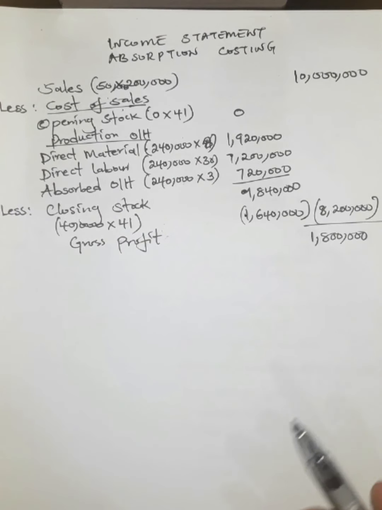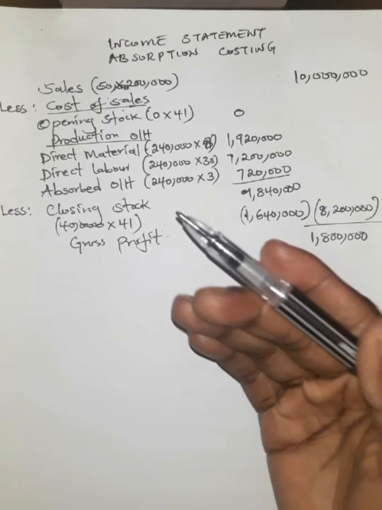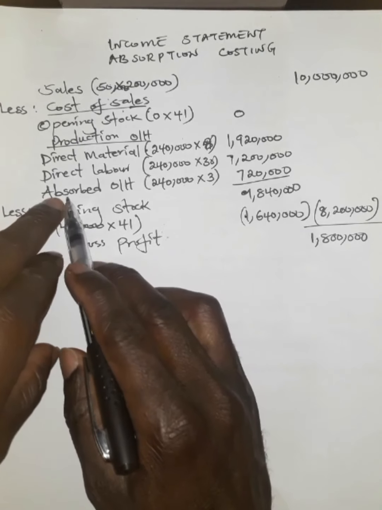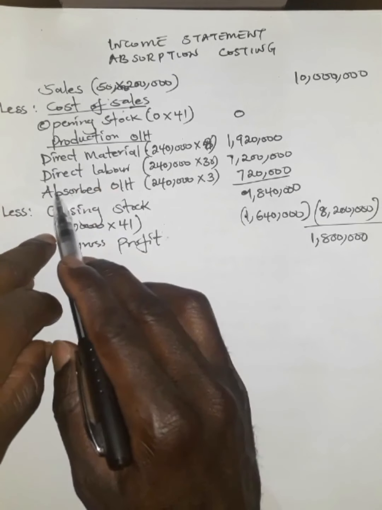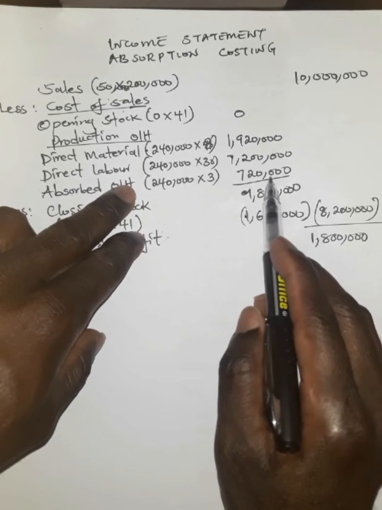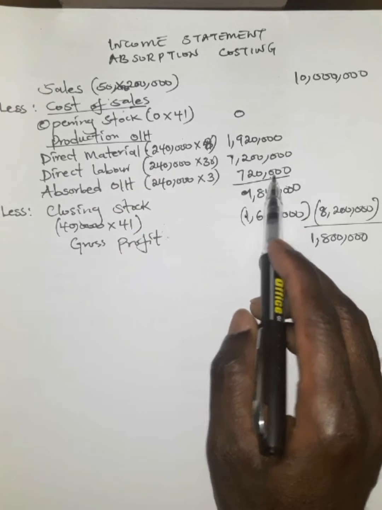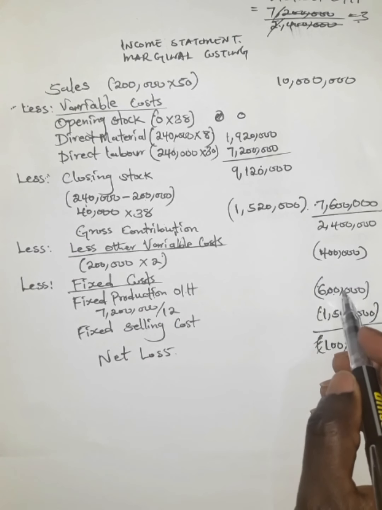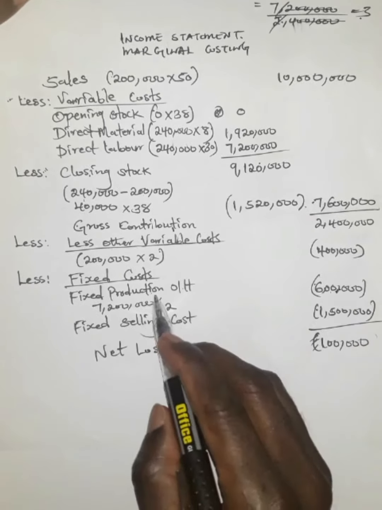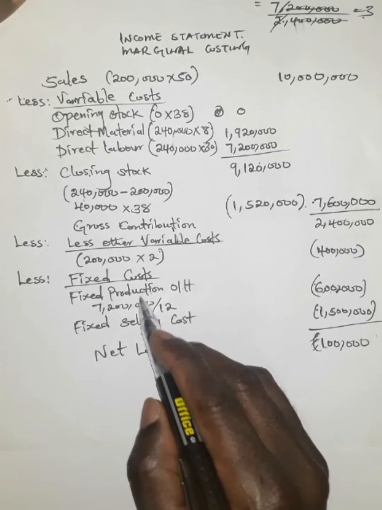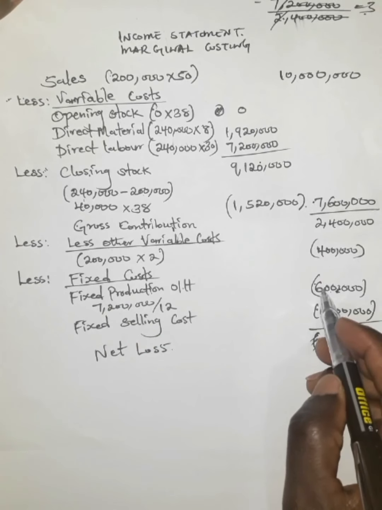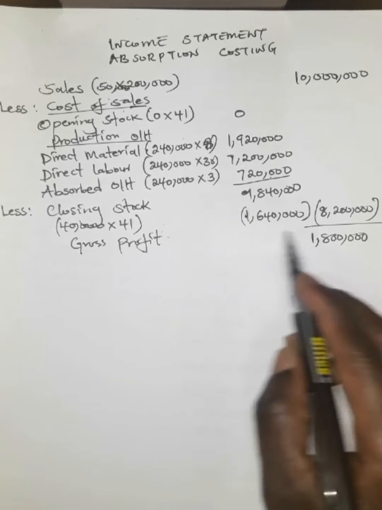So how will we know whether there is an overabsorption or underabsorption? We look at the absorbed overhead. The overhead absorbed is 720,000. Under marginal costing, what was budgeted for is 600,000, but what has been absorbed is 720,000.